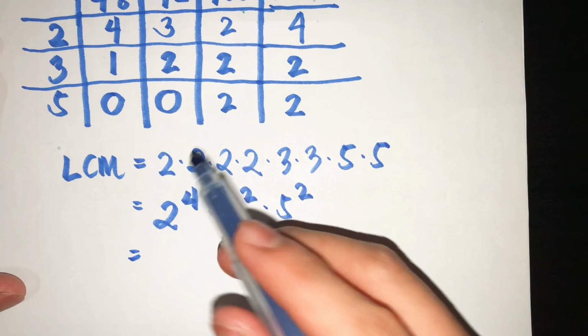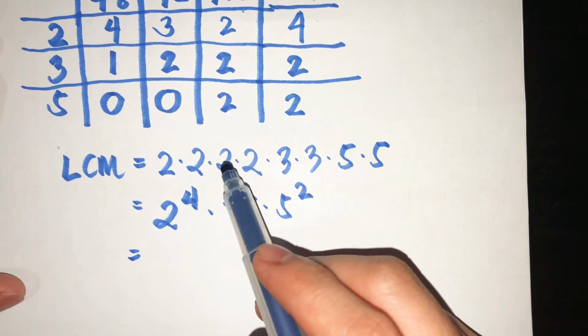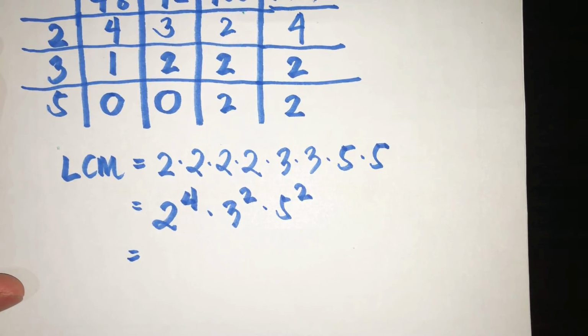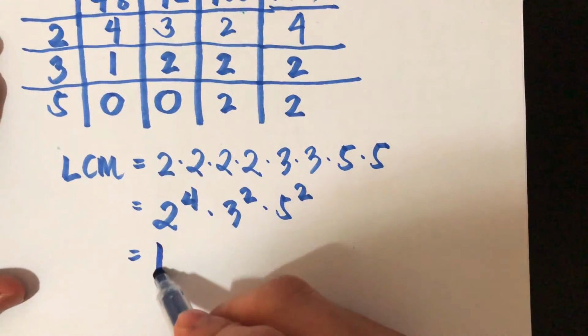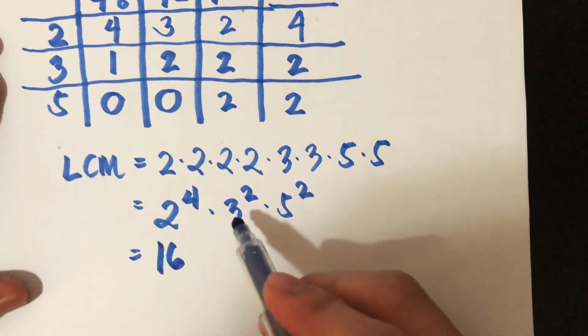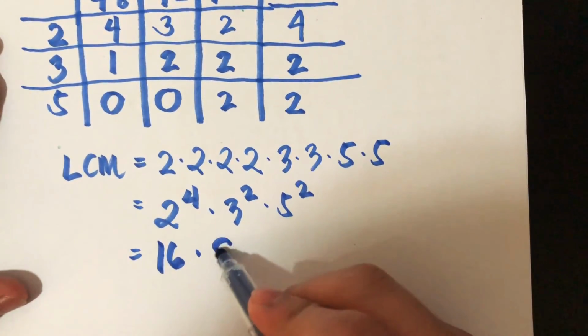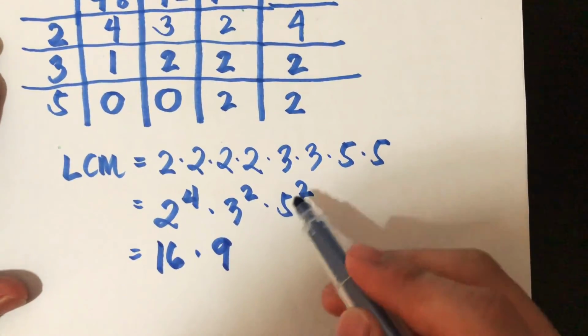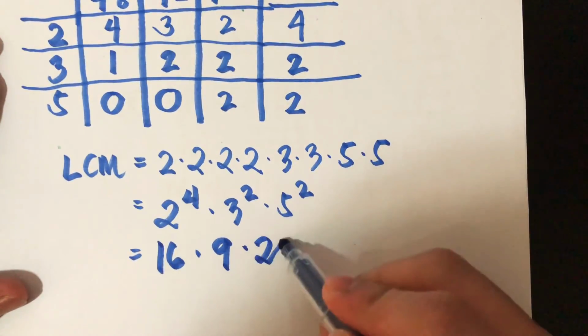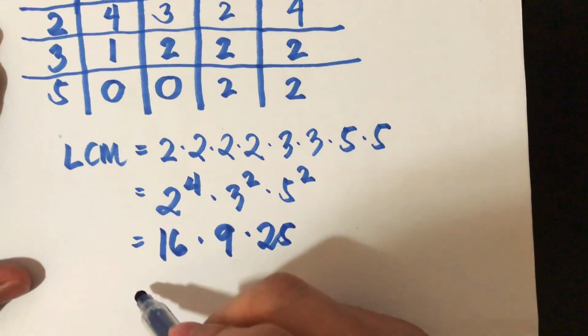Now 2 raised to 4, or 2 times 2 times 2 times 2, is equal to 16. Then 3 raised to 2, or 3 times 3, is 9. Then 5 raised to 2, or 5 times 5, is 25. Okay?